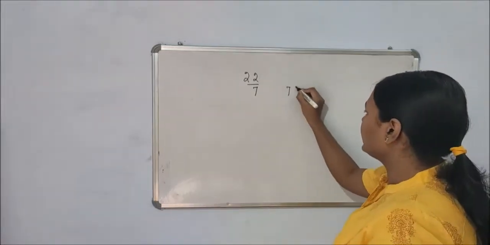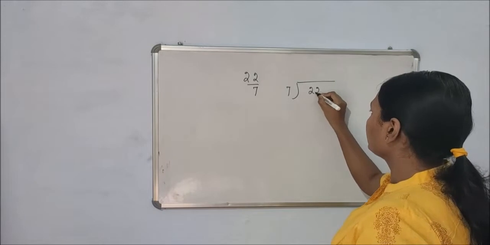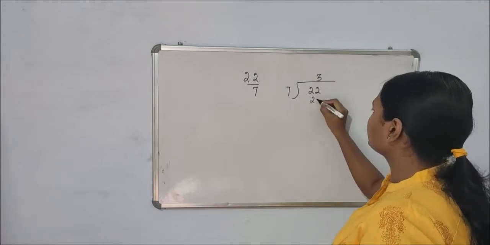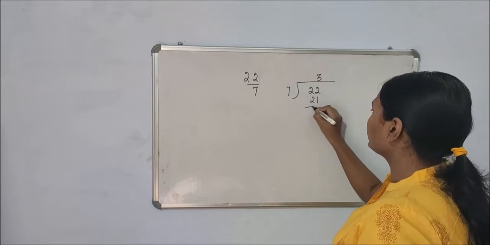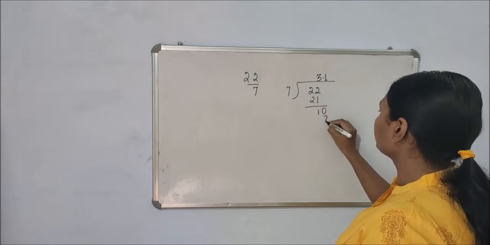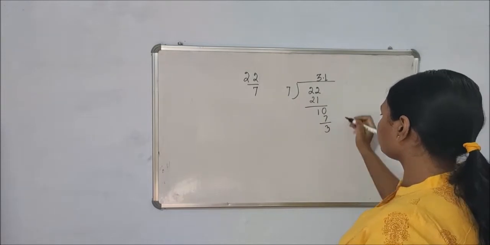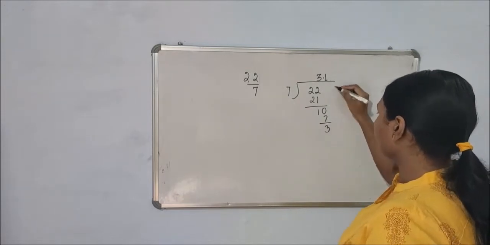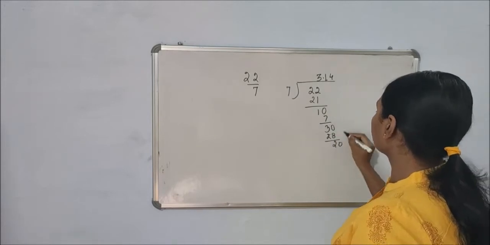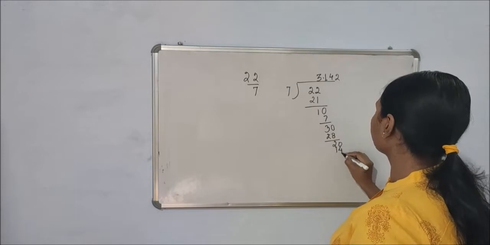So if we divide 22/7, we have 3. 3 times 7 is 21. Then we have a point here, 7 one time. Then again we have a 0 here, 7 4s are 28, 7 2s are 14.